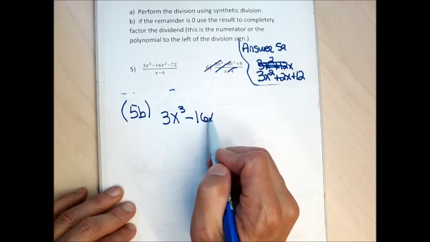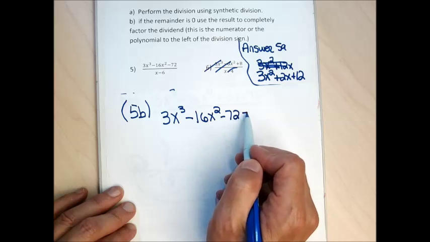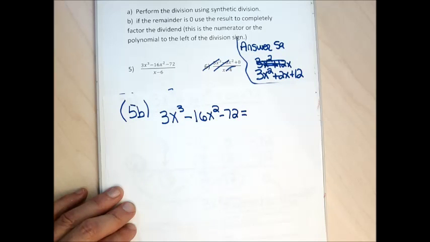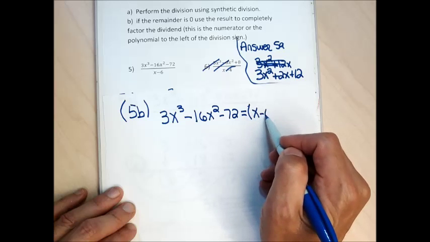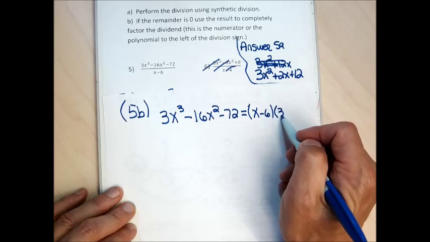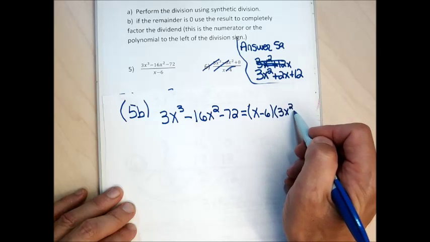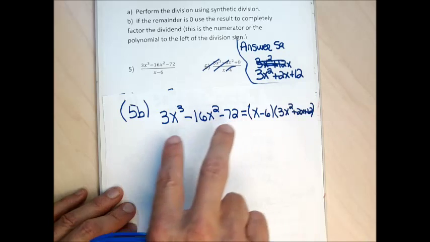So I know when I go to do 5b, because the answer to my synthetic division had a remainder of 0, that the denominator, x minus 6, times the answer, 3x squared plus 2x plus 12, equals the numerator.